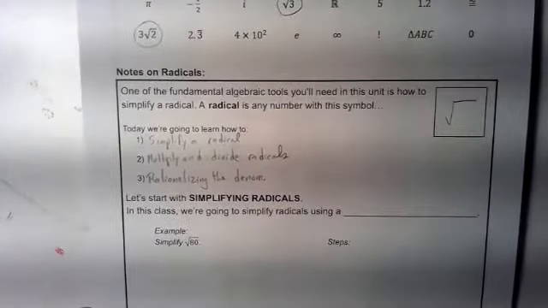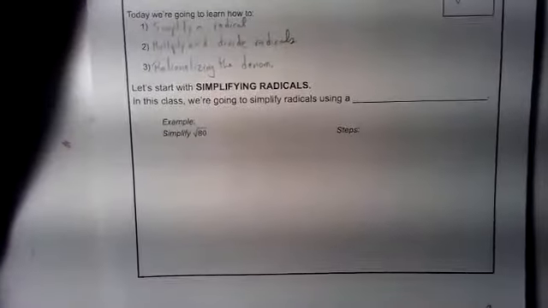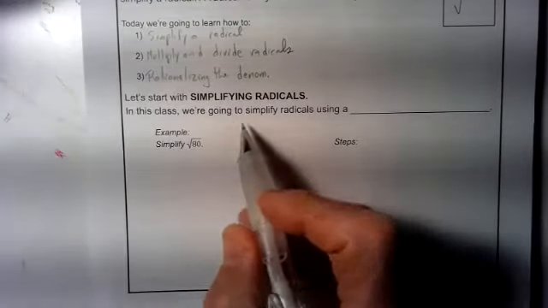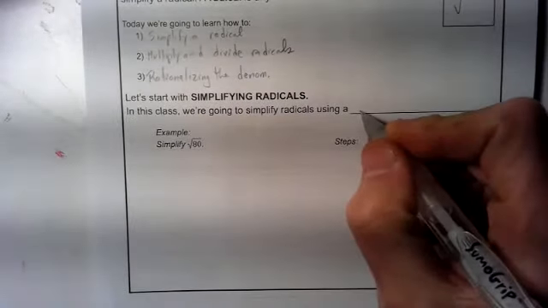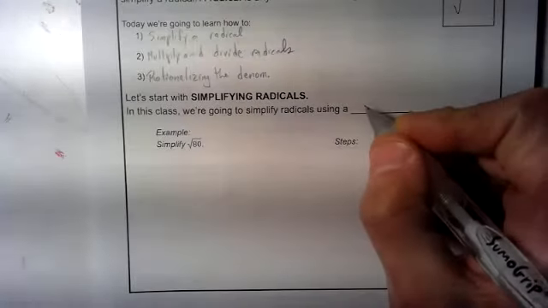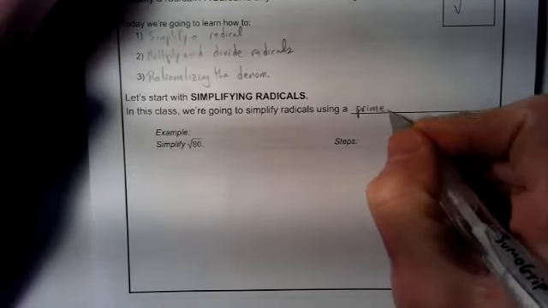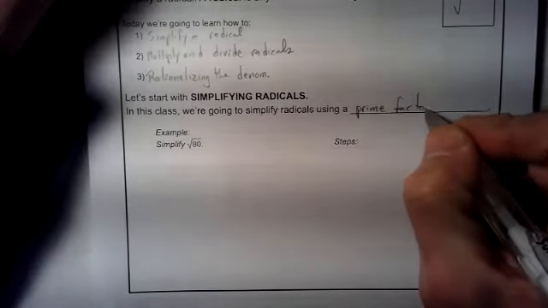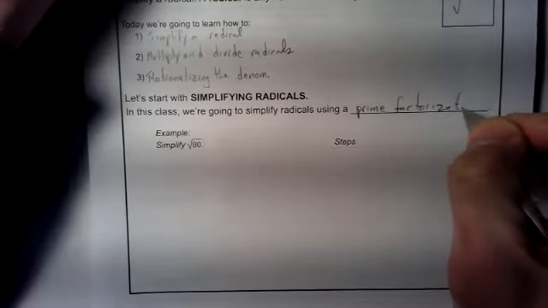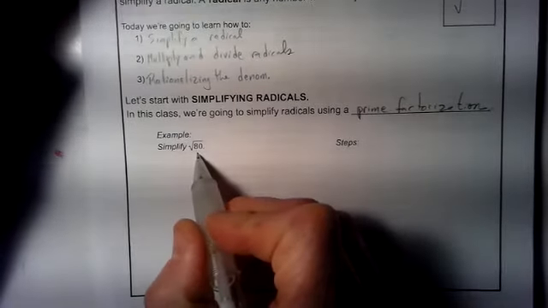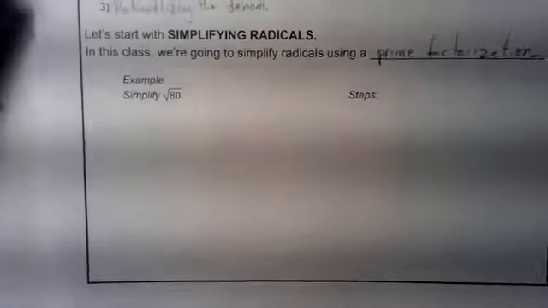All right. Okay, so let's go ahead and start with simplifying radicals. So today and in class, we're going to simplify radicals using a process that we've been practicing a little bit called prime factorization. Now, this process deals with breaking down a number in the radical into its prime values.